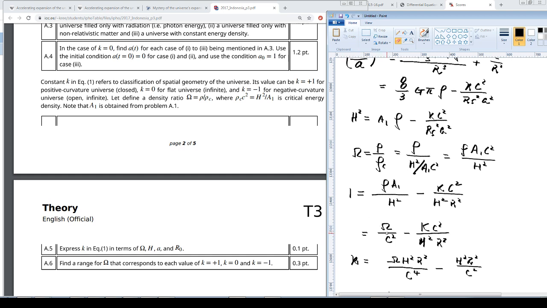That's dimensionless. I should just have omega here. That's really weird. My omega is a dimensionless number. A1 c squared. That's a dimensionless number.